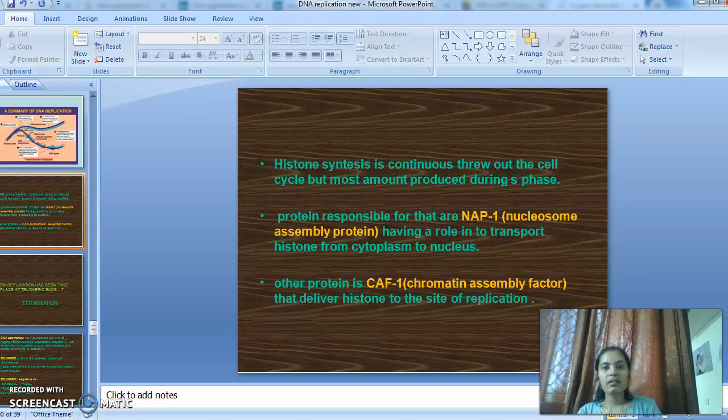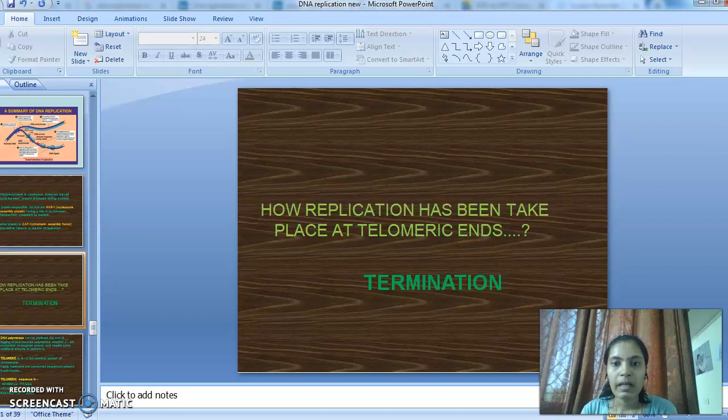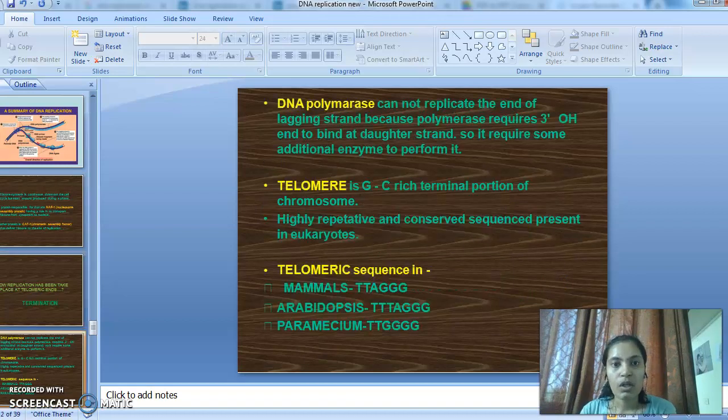Histone synthesis is continuous throughout the cell cycle, but it is mostly produced in S phase. Now how replication ends, that is your termination. DNA polymerase cannot replicate the end of the lagging strand. The telomere is a GC rich terminal region of the chromosome.